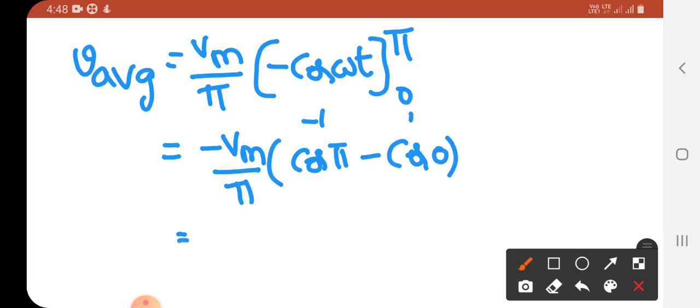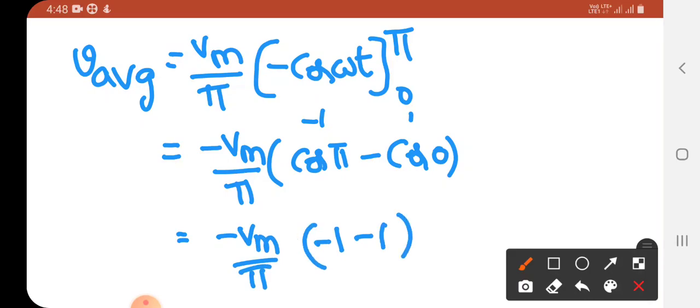So hence it is minus Vm by pi, minus 1 minus 1. So hence this value is 2 Vm by pi. Yes, this is the average value of the sinusoidal quantity. Yes, next.